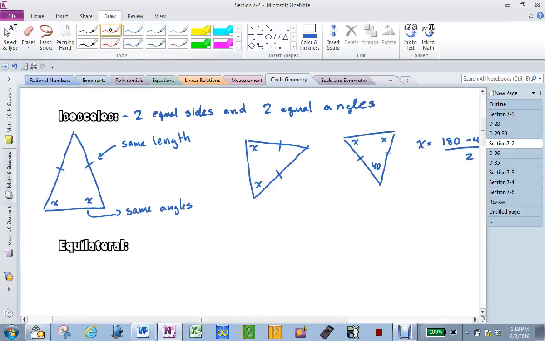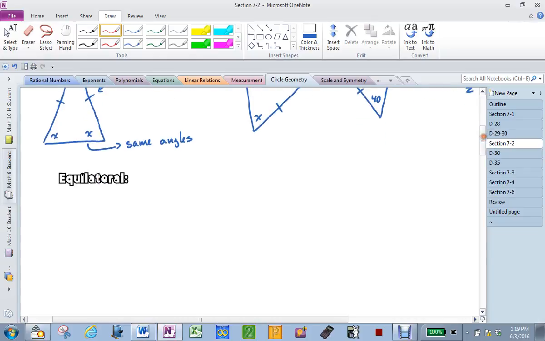Now, let's move on to our good friend equilateral. Equi, equal, lateral, side. So what does that mean? Three equal sides. And, of course, that also means three equal angles.